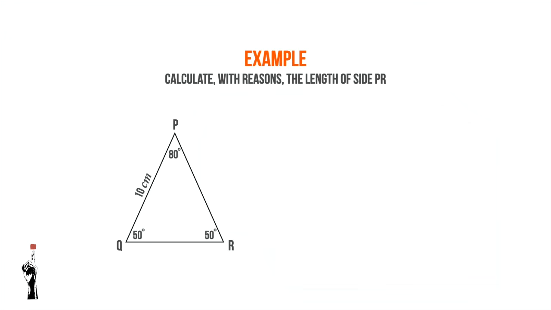I know that angle Q is equal to angle R, which is 50 degrees. How do I know that? That was given, so I can simply write given. Therefore, I can deduce that PQ is equal to PR, which is 10 centimeters.